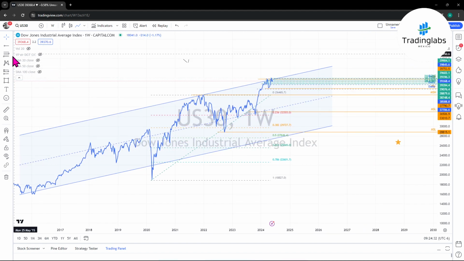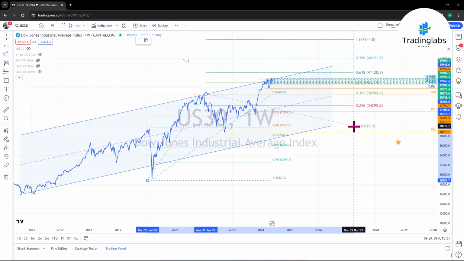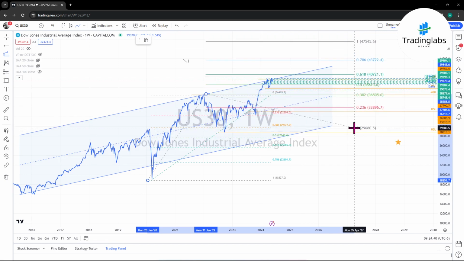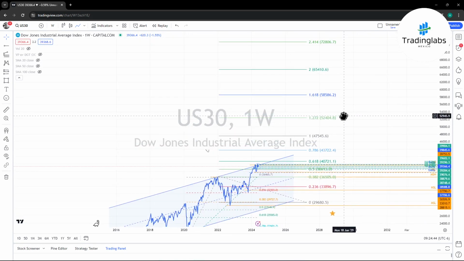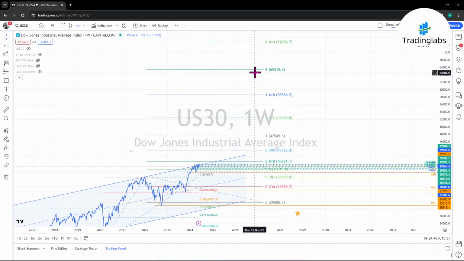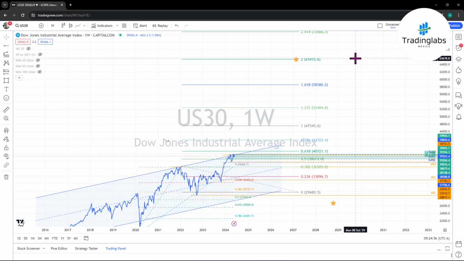Okay. So the market, according to Fibonacci itself, is bullish. The 200% can be right about here, more or less, around the 65,410. That is too far away, right?